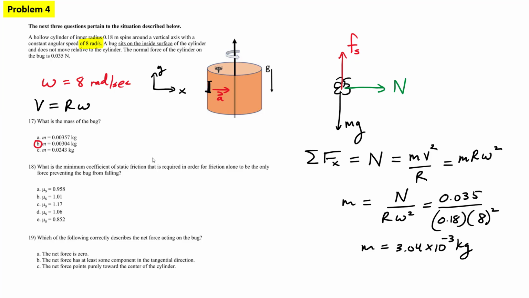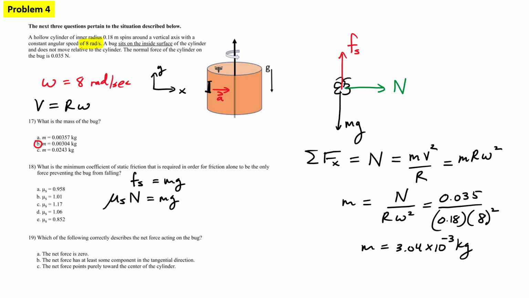If we want to prevent the bug from sliding, what is the minimum coefficient of friction that we need? If it's not going to slide, the force of static friction must be equal to mg. The maximum force of static friction I can write as mu s multiplied by the normal force, and we require this to be our equilibrium condition.